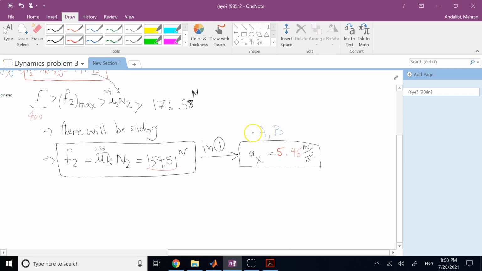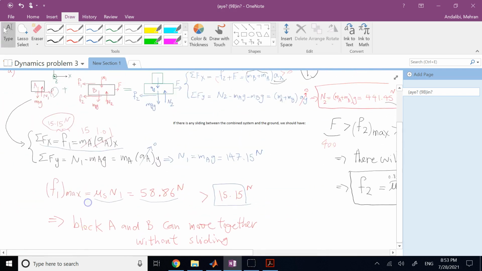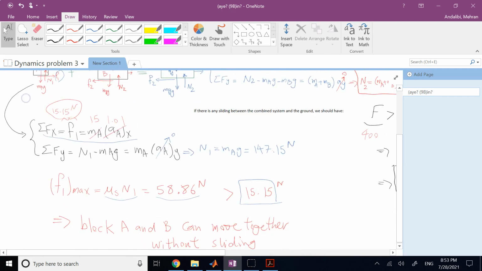Now, if I want A and B to move together, I go back and look at block A again. The maximum friction that exists between A and B is still the same. Mu_s is the same, N1, which is the weight of block A, is the same. So the max friction that you can generate is still 58. But how much do you need?